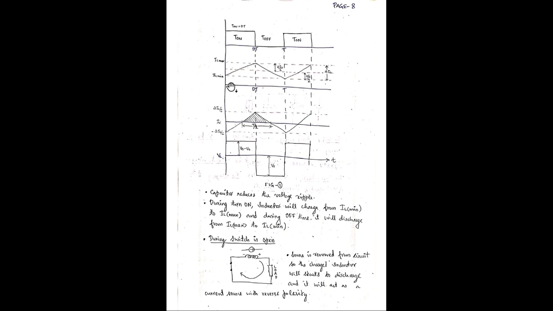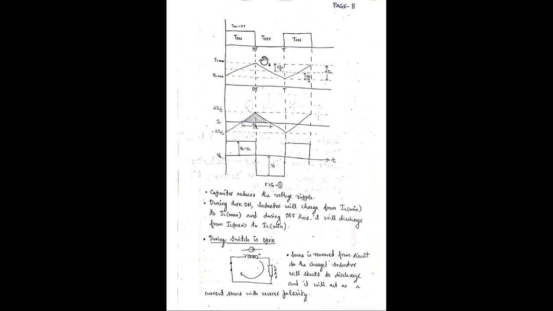So when the inductor is charging, when the switch is closed during turn on time, it will be charging from IL minimum to IL maximum from 0 to dt. Then turn off will come, meaning the switch will be open. The inductor will be discharging all the charges stored in the inductor through the load.